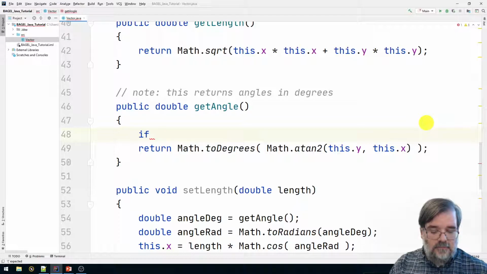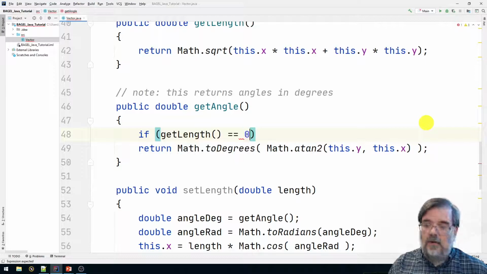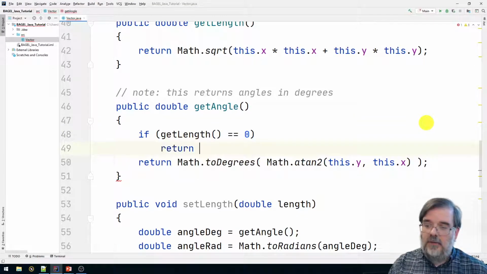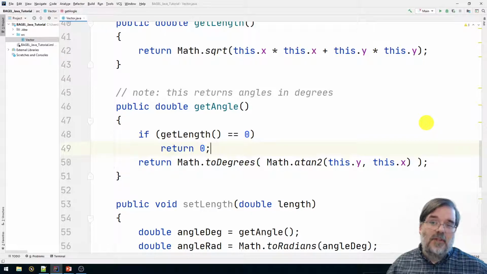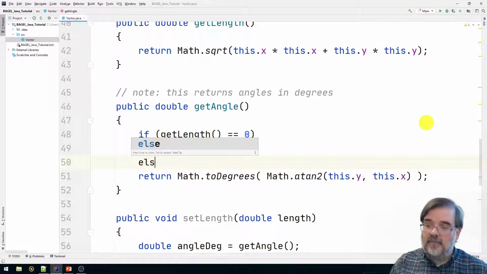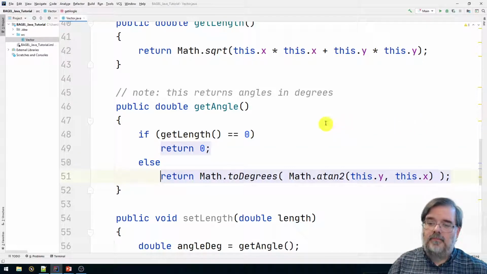If get length is 0, then we should probably return the default angle, which will be 0. In other words, we'll say the 0 vector by default has an angle of 0 with the x-axis. The 0 vector points to the right. Else, we'll return this value here.